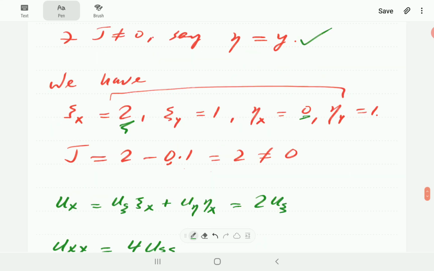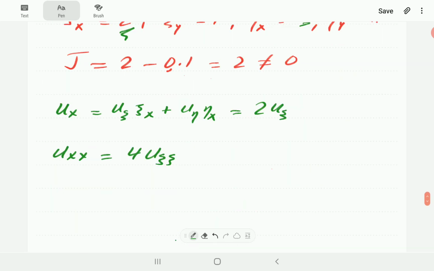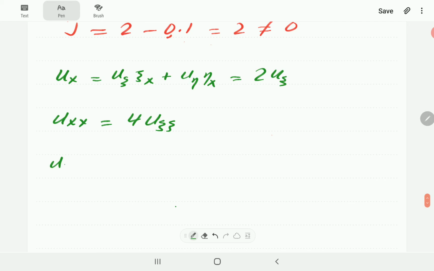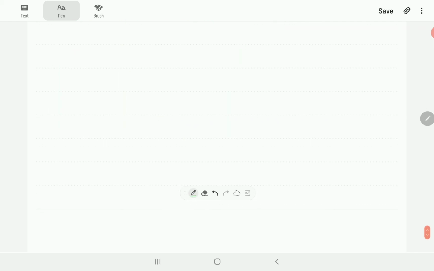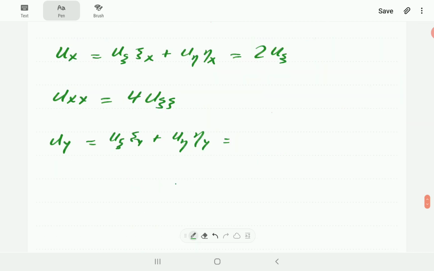Then we go to the y derivative. So uy is going to be u xi xi y plus u eta eta y. Xi y is 1, eta y is 1. So this is going to be just u xi plus u eta.